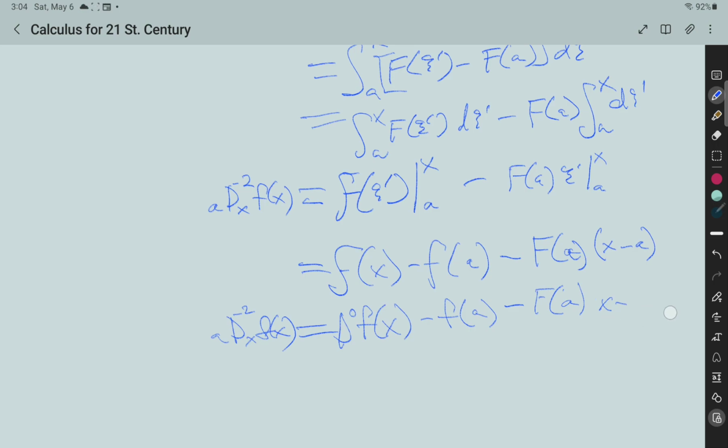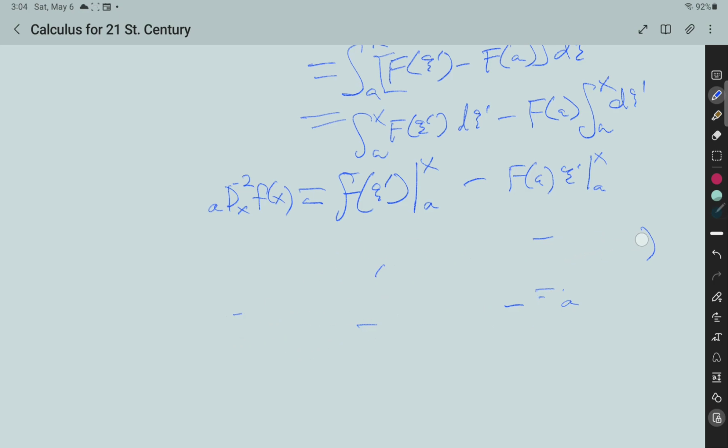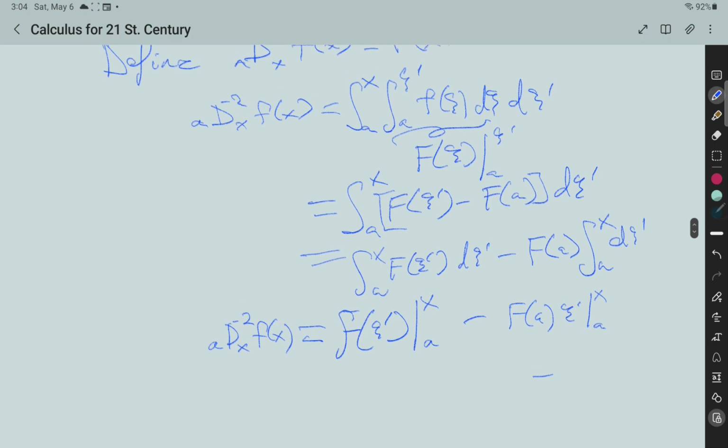Oh, I see. I made a mistake right here. This should have been that right there. Will give me f of c prime, because this part here is 0. Okay, so I don't have to do that integration. This is 0.